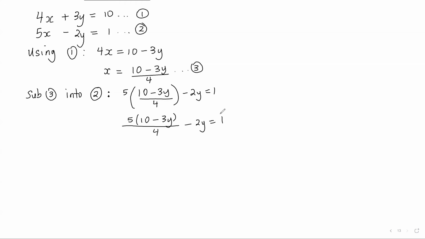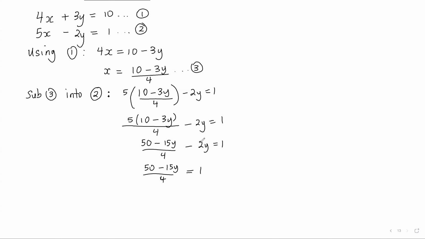So then this would give me, removing the brackets here, 5 times 10, which is 50, take away 15y all over 4 minus 2y is equal to 1. So then this would be 50 minus 15y all over 4, is equal to 1.